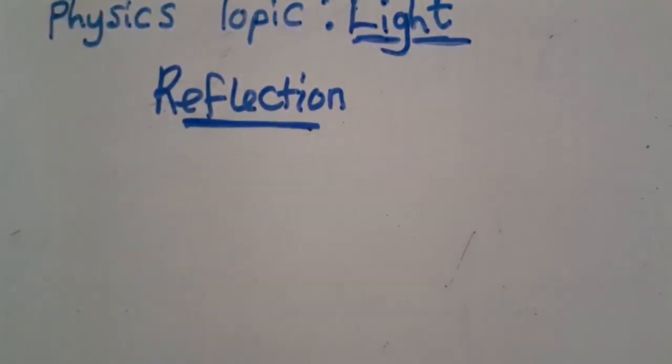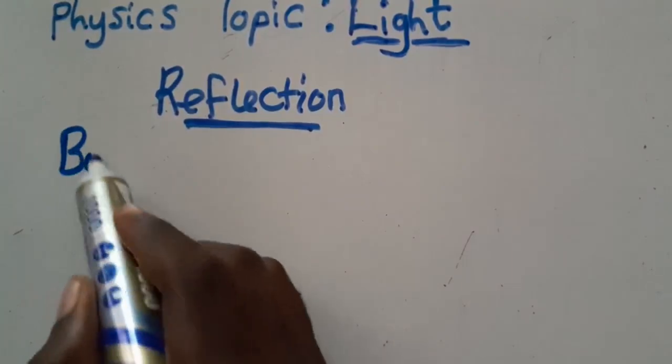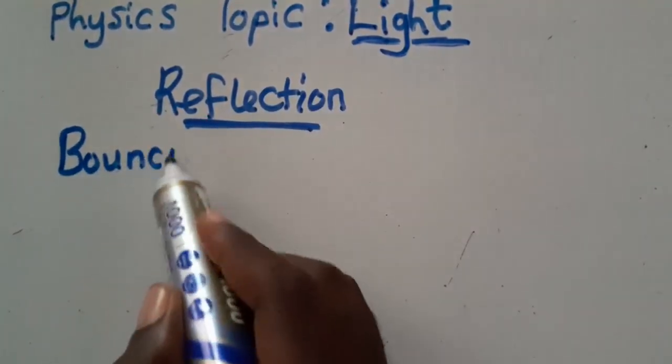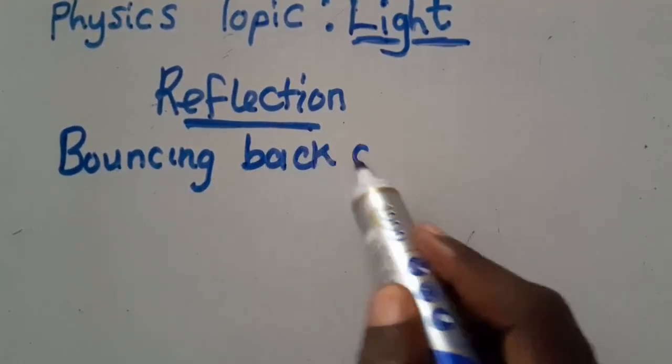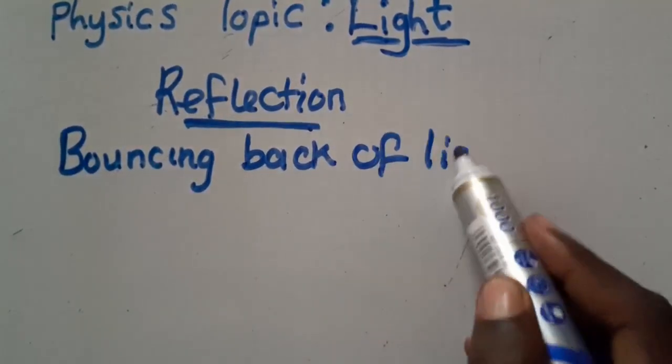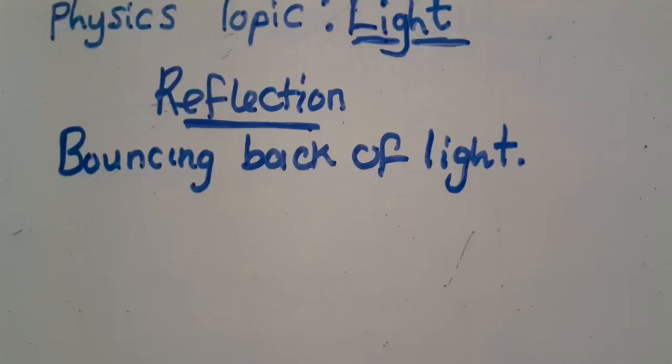If I ask you a question, what is reflection? Reflection is the bouncing back of light. As simple as this. So reflection is just the bouncing back of light.